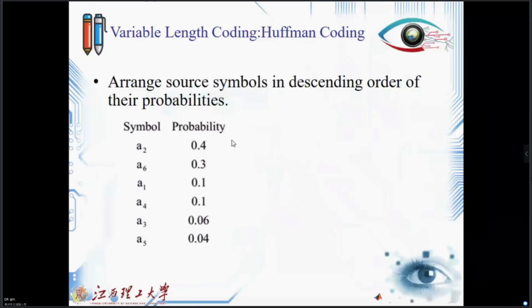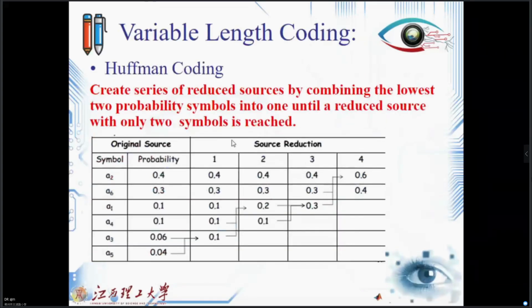The symbols will be reordered as we show here, and then we create the series of reduced sources by combining the two lowest probabilities. For the first stage, as we already showed, the lowest probabilities are 0.06 and 0.04. Then we add them together and create 0.1.